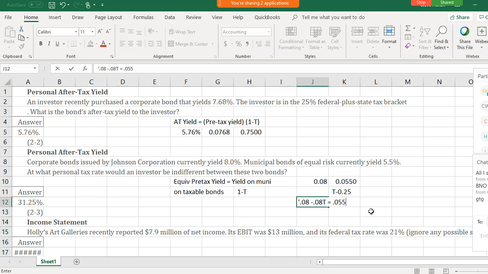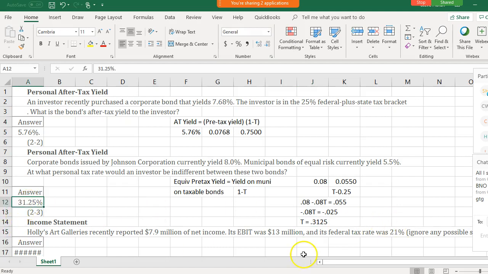Okay, and then the next simplification of that is I take the minus 0.08t, and that equals minus 0.025 as I subtract the 0.08 out. And that gets me down to, I do a little bit of division next, and then once I divide this out, I get t equals 0.3125, which is 31.25%, which is the answer right here.